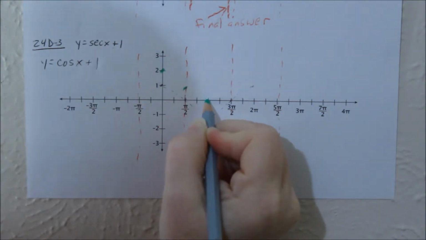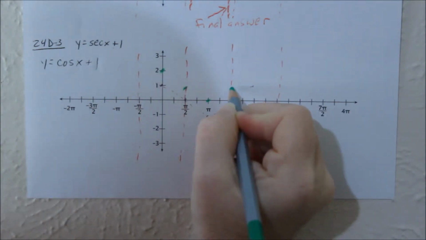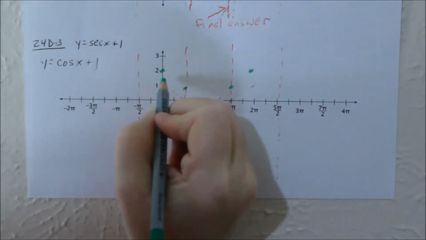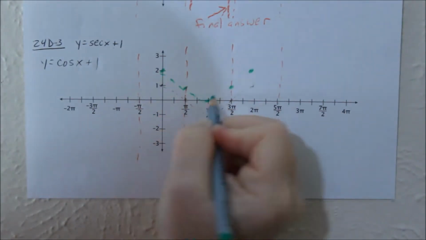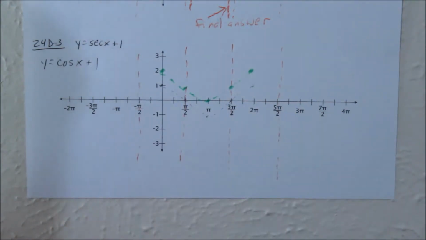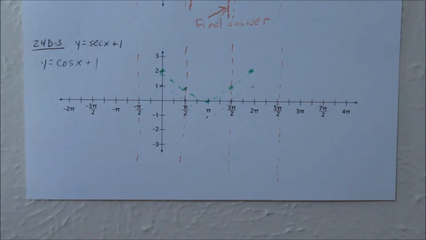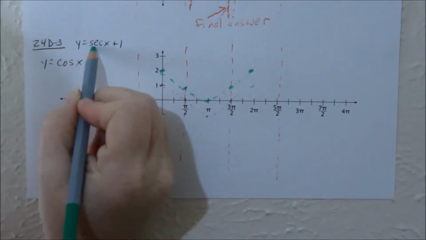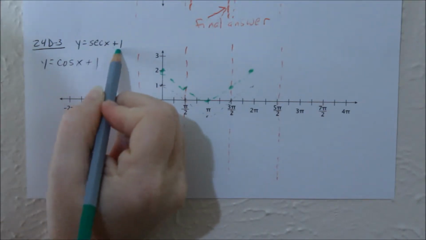This dot goes up 1. This one goes up 1. This one goes up 1. Okay, I'm still drawing that as a dashed line because that is not my final graph, because that's a cosine. I am trying to graph secant.